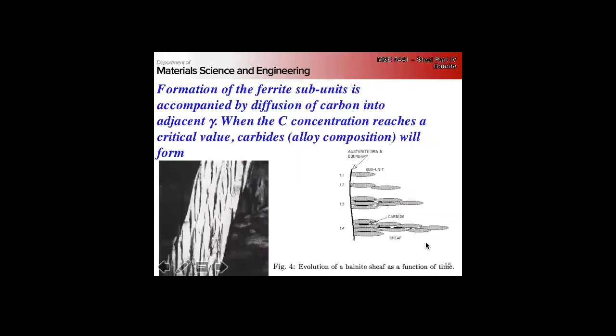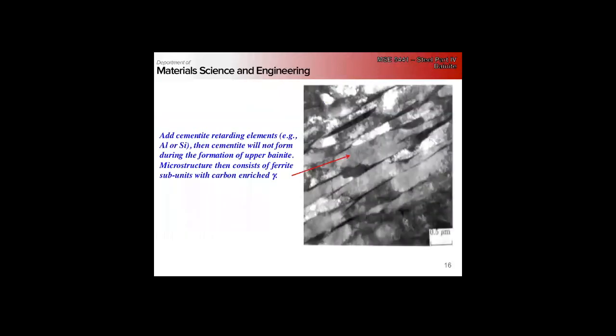And the carbides form after the ferrite. So it's a two-step process, and the formation of the carbides is not actually essential to the bainite reaction. Right? So we grow the subunits, then the carbon diffuses out and forms the carbides.